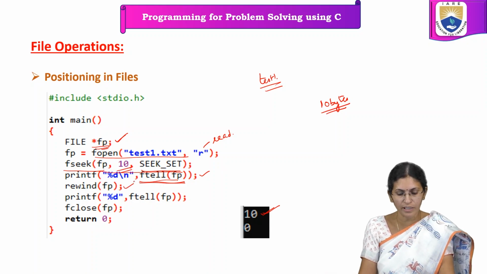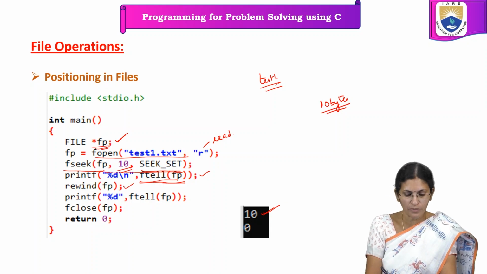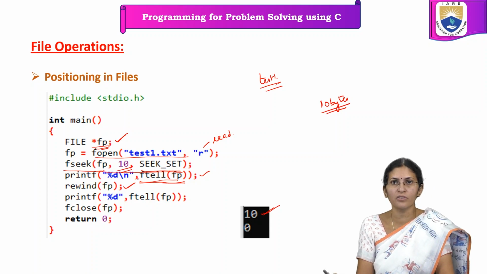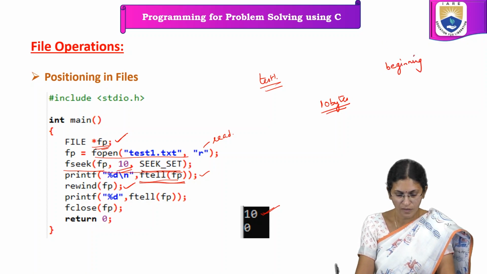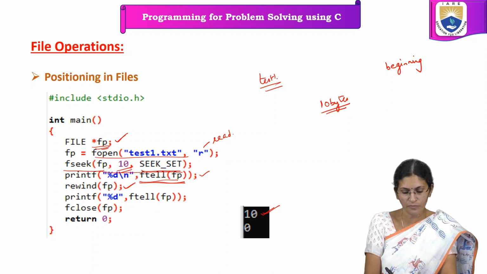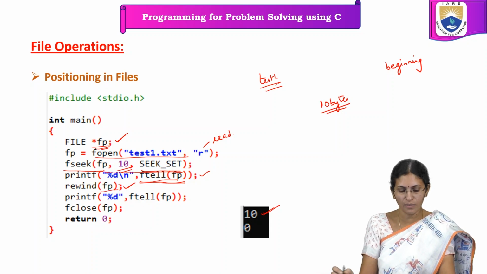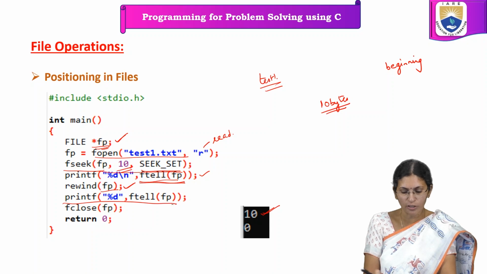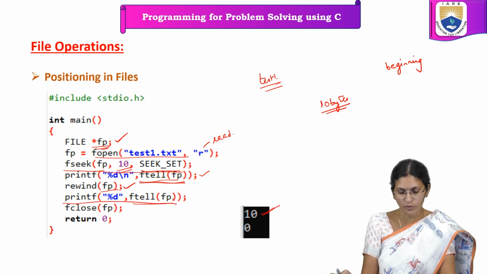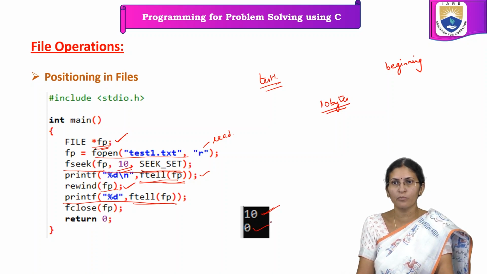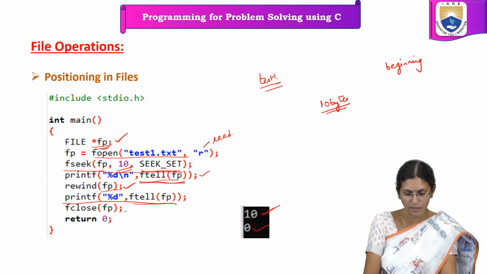Next we are applying the rewind function. The rewind function is used to place the file pointer at the beginning of the file. After that, when you try to print the current position of the file pointer with the help of the ftell function, it will give a value 0, because the file pointer is now at the beginning of the file.